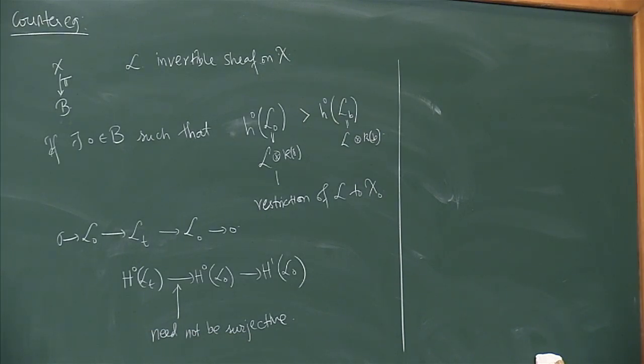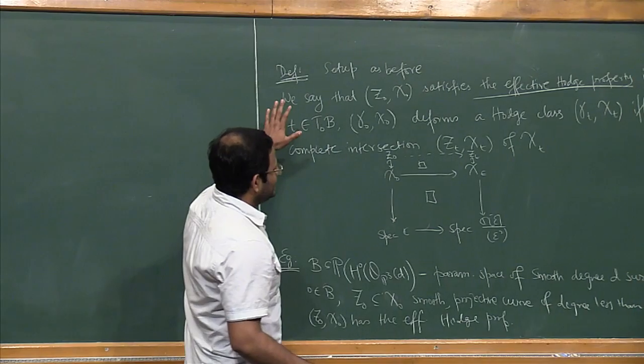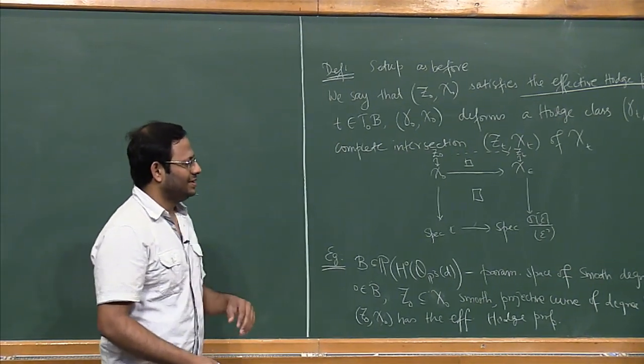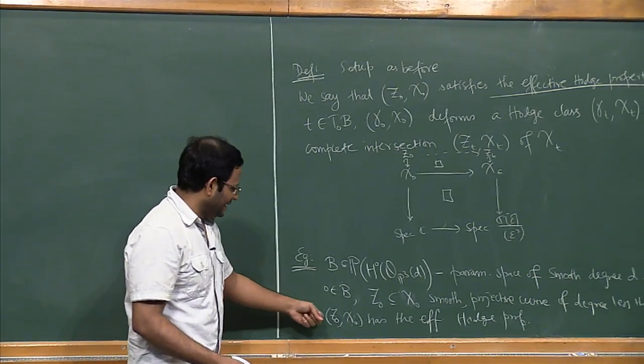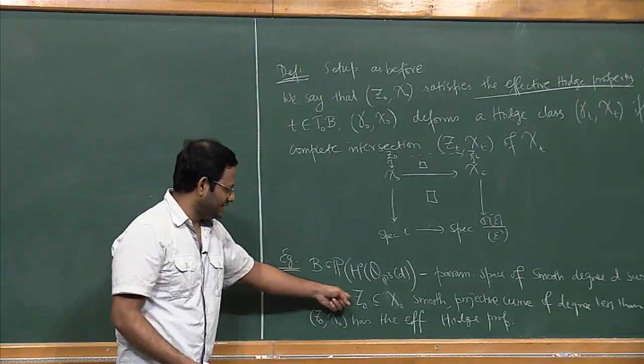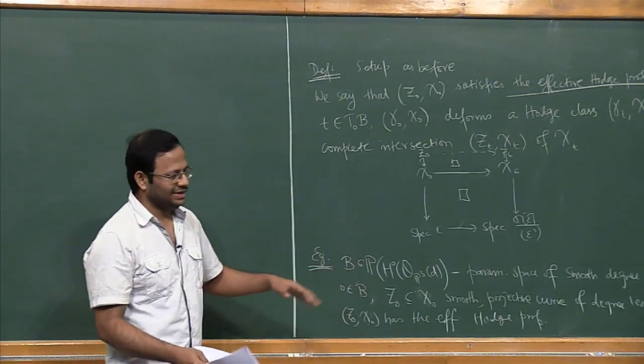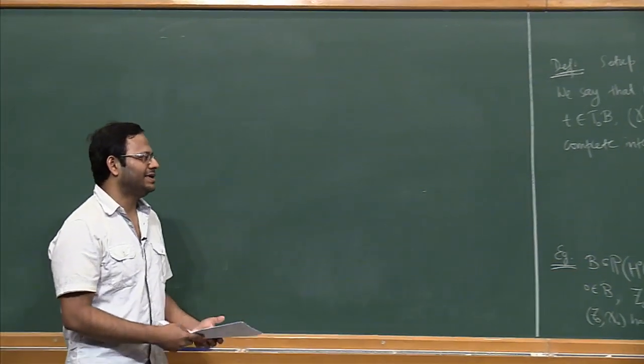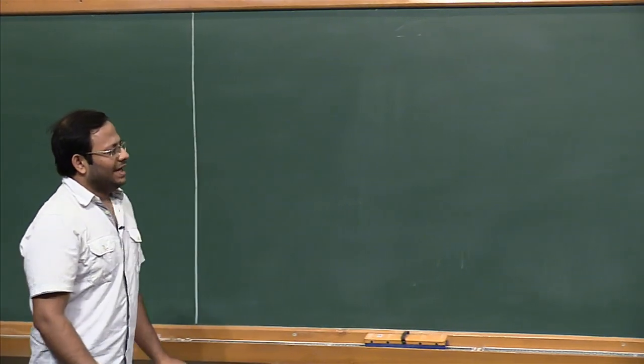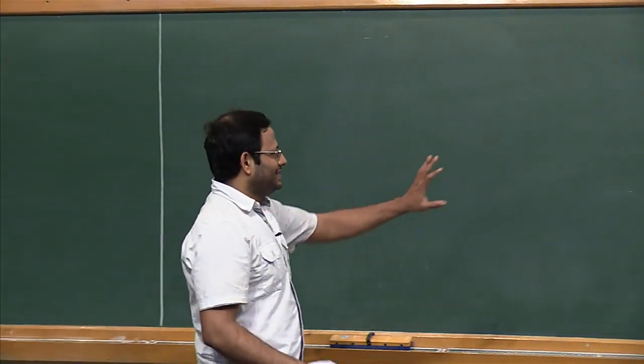So now let us look at this. But the point is that this property is captured by something called the semi-regularity map, and these examples Z0 are actually examples of semi-regular varieties, and semi-regular varieties satisfy this property.